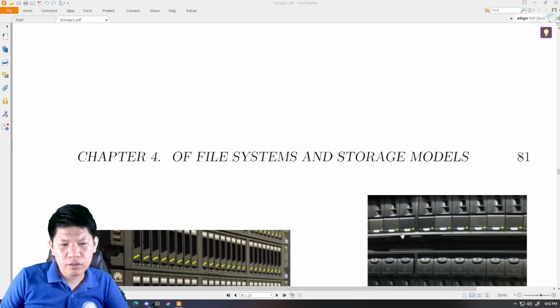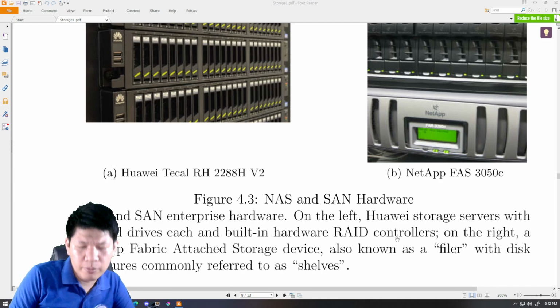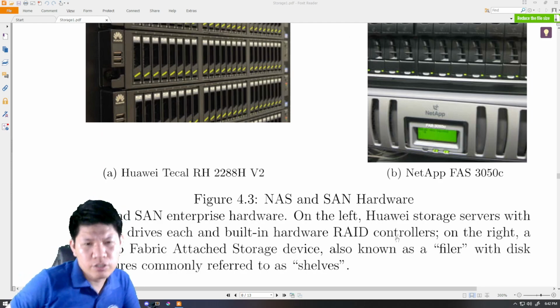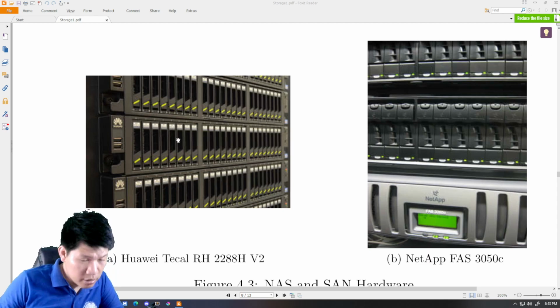With respect to NAS and SAN, these are enterprise hardware. As you can see here on the left in our picture, those are openings for the hard drives, the gray screens.